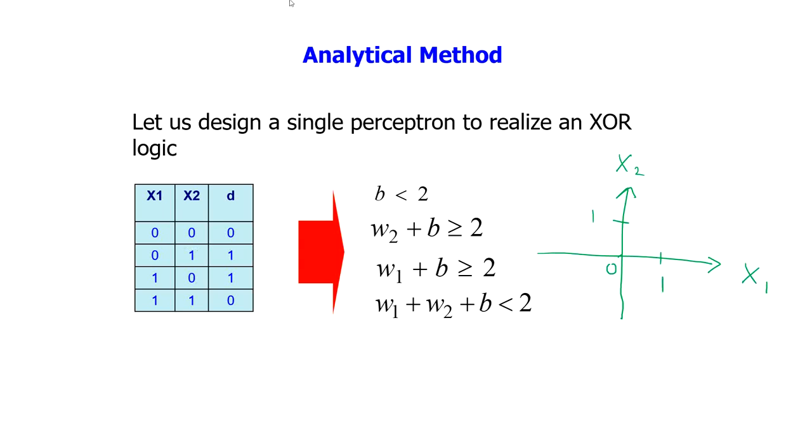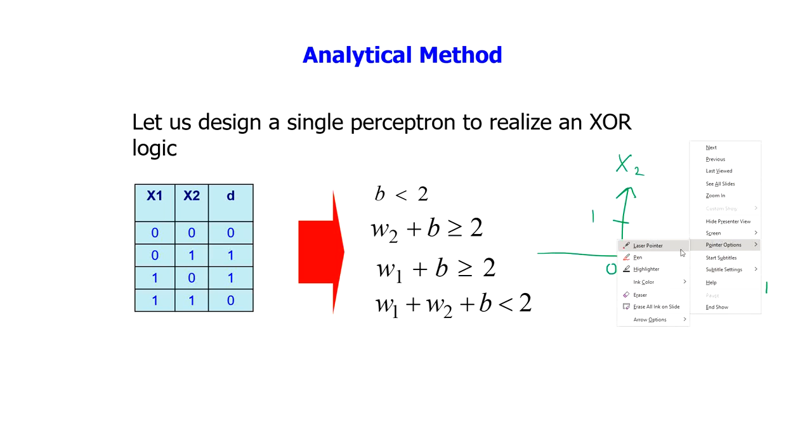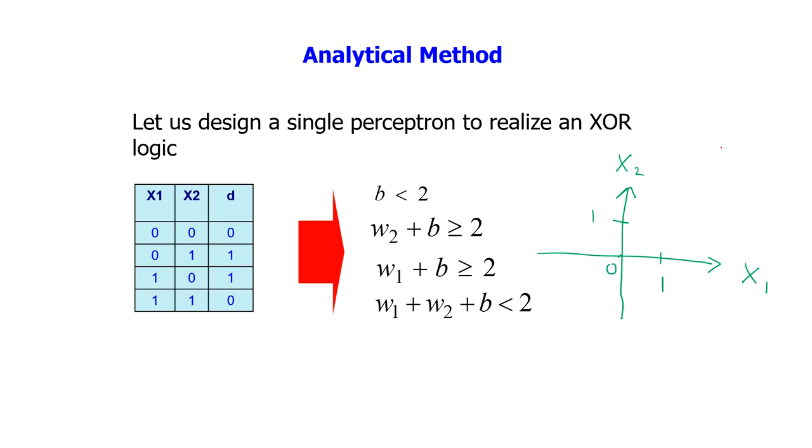If I try to plot the exclusive OR samples in the scatter plot, let me change the color first. For the first sample 0, 0, the output is 0. The second sample is 0, 1, so x1 is 0, x2 is 1, and the output is 1.